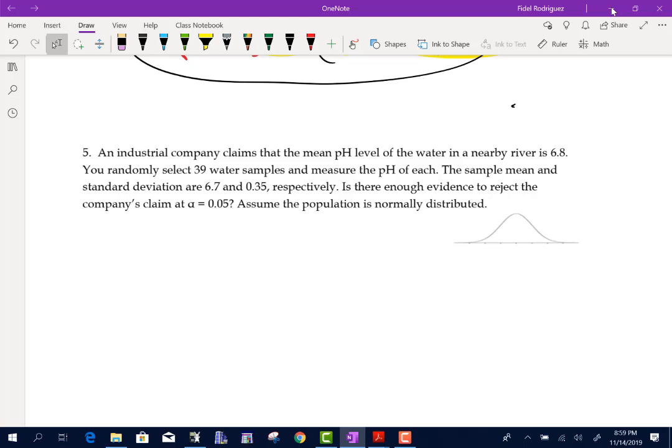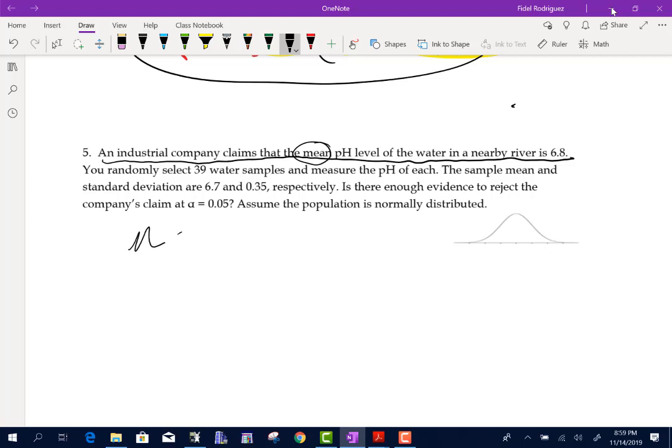All right, let's find our Ha. Okay, first thing I'm going to do, I'm going to read the first sentence. An industrial company claims that the mean pH level of water in a nearby river is 6.8. Okay, so guys, what symbol do we use to describe the mean? The mu, right?